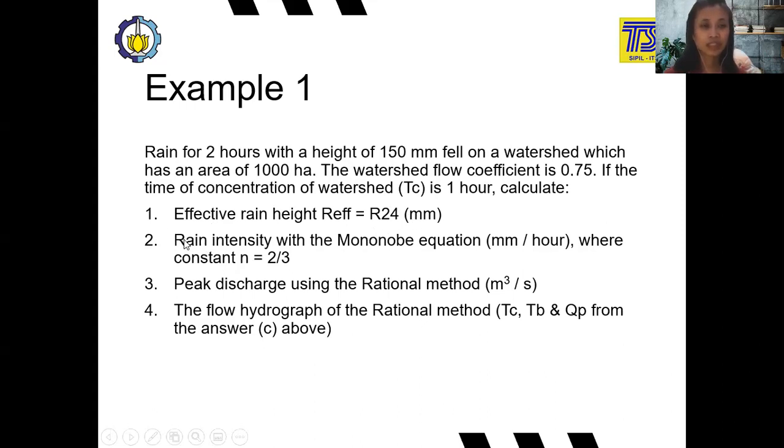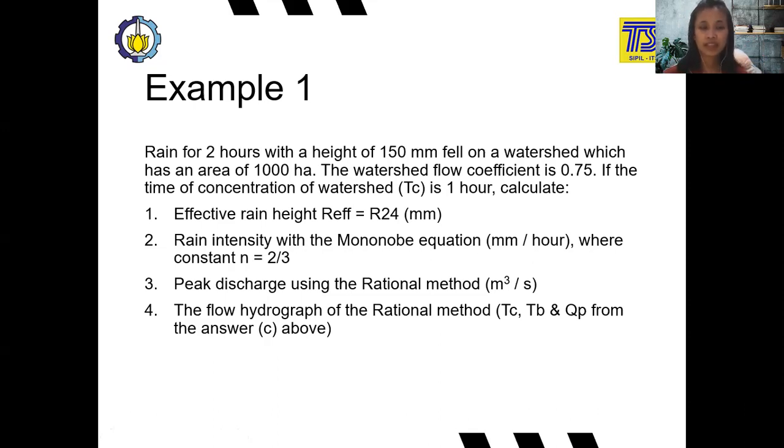And then the second one is the rainfall intensity using the Mononobe equation with the constant of 2 divided by 3. So for rainfall intensity, there are different equations that you can use for calculating it, but here we use Mononobe equation, and usually we will use this equation a lot because it's the most widely used equation for calculating rainfall intensity.